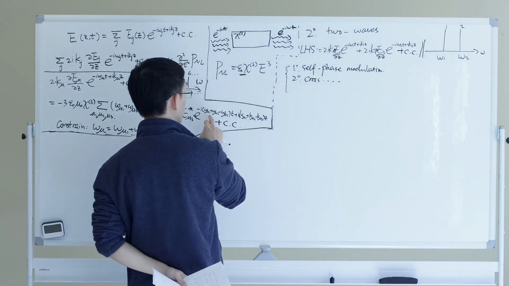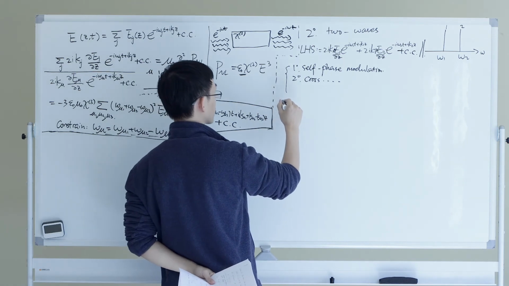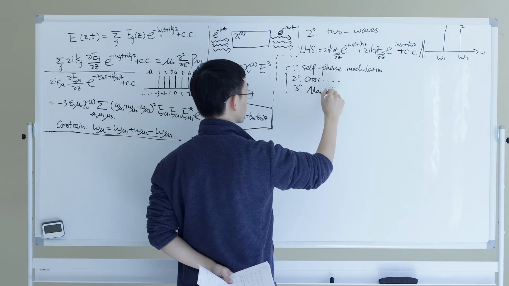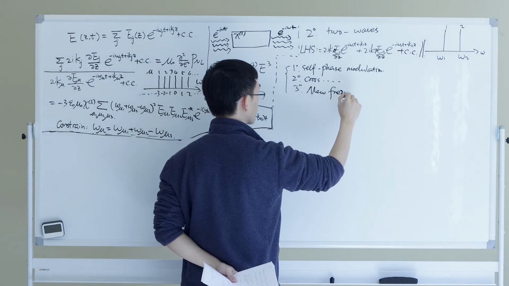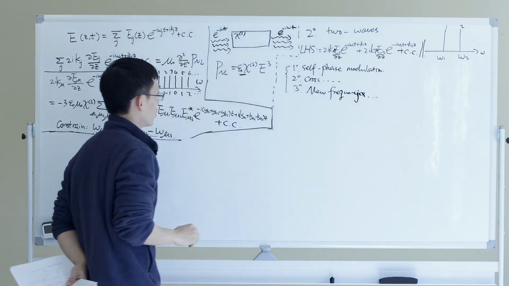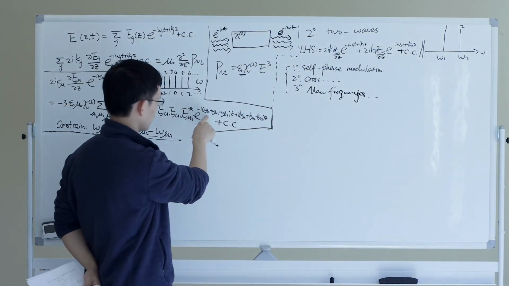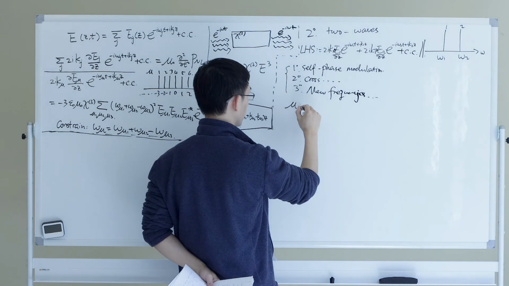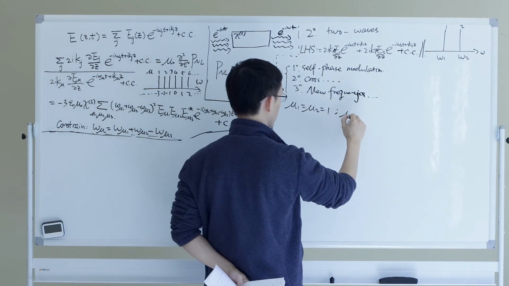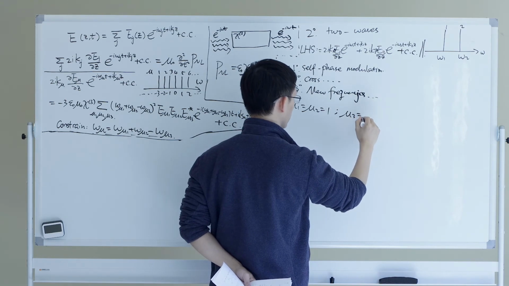So say new frequency. The idea is that, imagine we let mu1 equals mu2 equals 1, but mu3 equals 2.